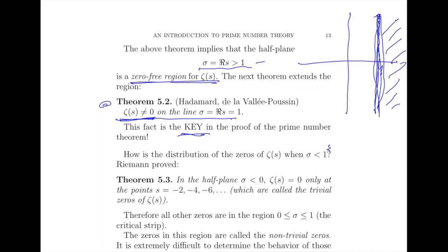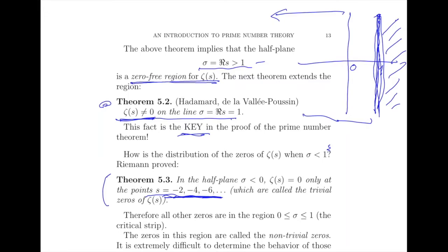So maybe I will mention here how the zeros of the zeta function are distributed in other areas, that is, when the real part of s is less than 1. There is the following theorem. In the half plane where the real part of s is less than 0, the only zeros of the zeta function are at -2, -4, -6, that is, the even negative integer points.